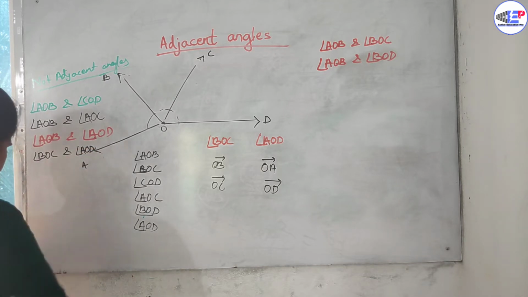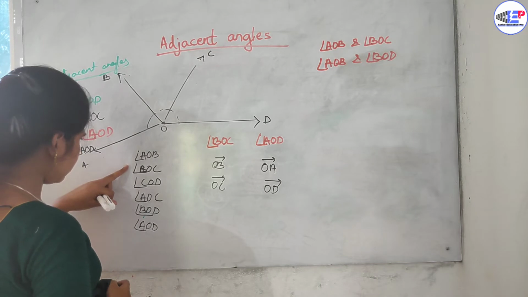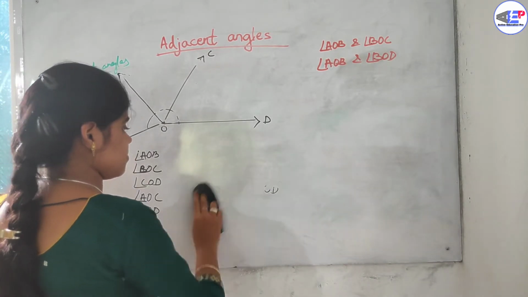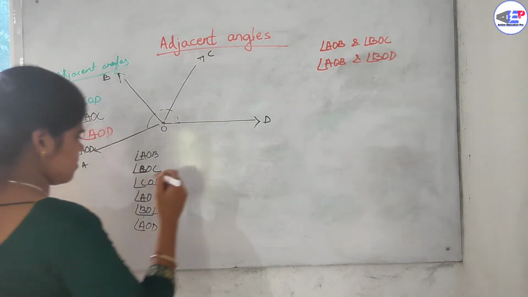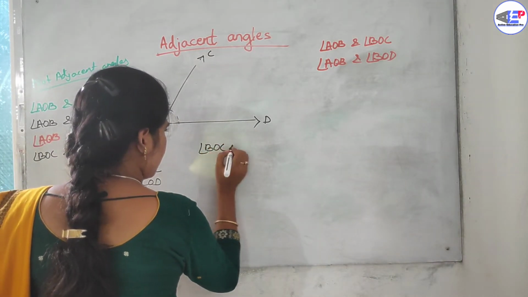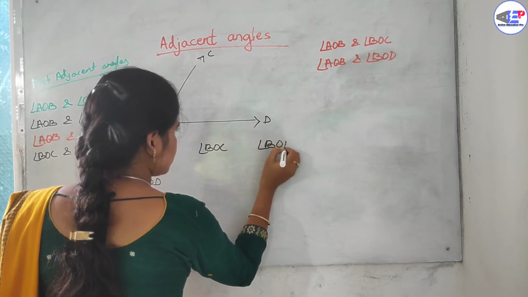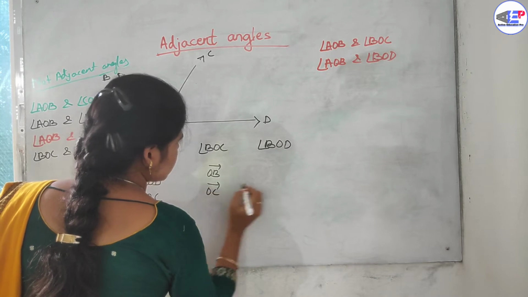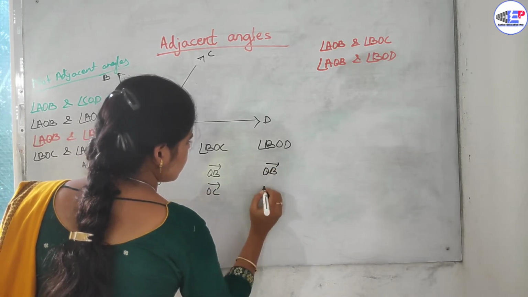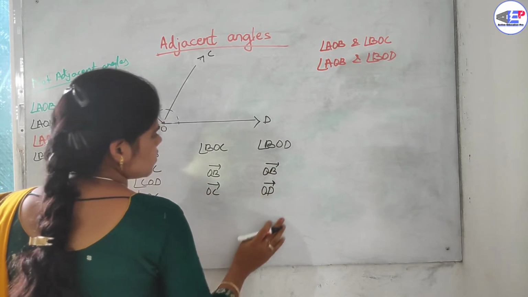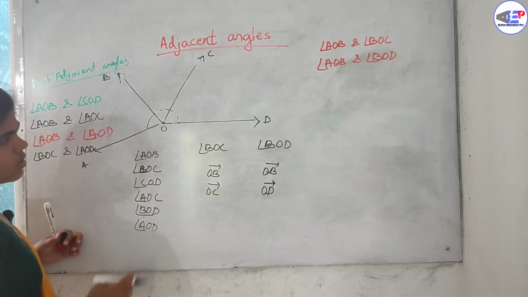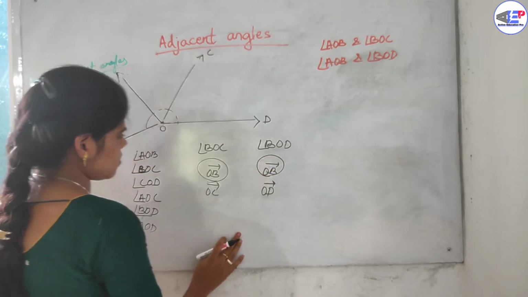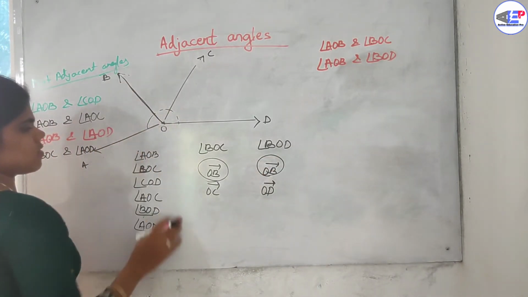Let's compare the next pair, BOC with BOD. For BOC, we need OB and OC. Here OB and OD. As for the first condition of adjacent angles, O is the common vertex and OB is the common arm.